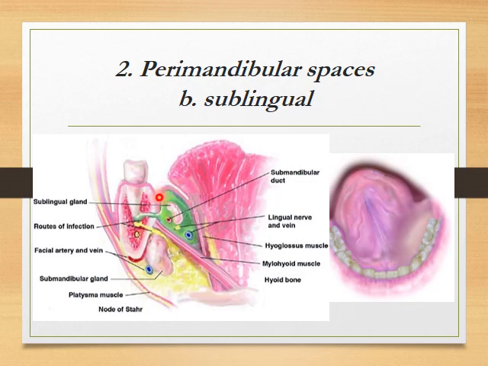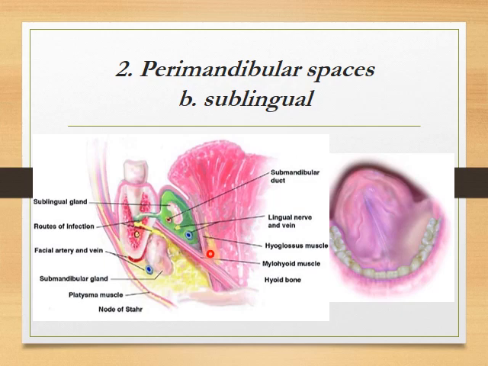The sublingual space is located between the oral mucosa of the floor of the mouth and the mylohyoid muscle. Anteriorly and laterally, it is bounded by the inner surface of the body of the mandible, and medially by the genioglossus and geniohyoid muscles, the muscles of the tongue.